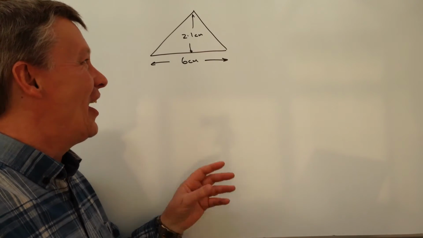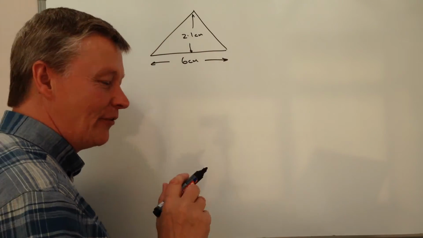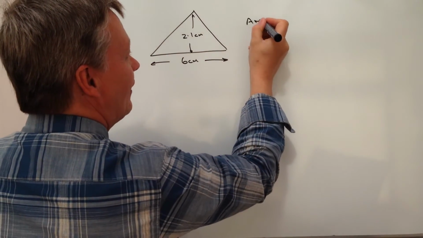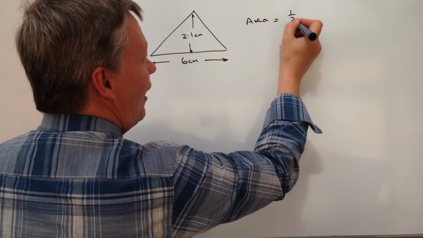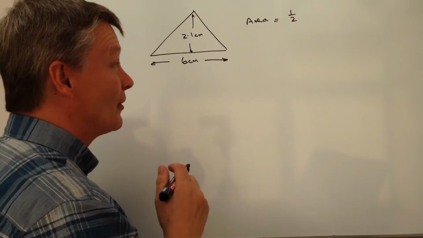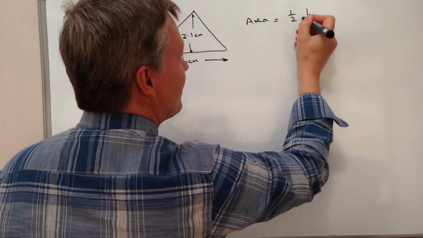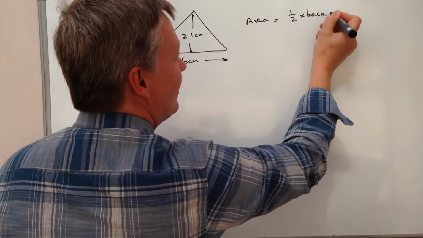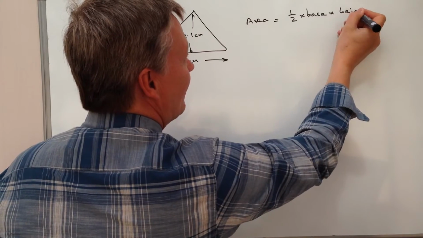Okay, so the formula that you need to remember for this is that the area equals a half. Now there's a couple of different ways of writing this. The way I was taught was half base times height.